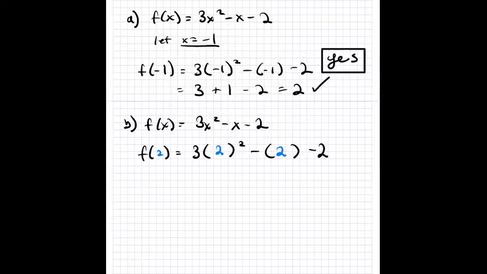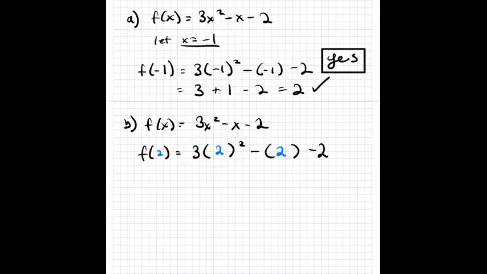Let me mention this since we have time and I don't have to rush so much. If we look at this term here, we have 3 times 2 squared. I usually say something about order of operations. You may have heard it as PEMDAS or please excuse my dear Aunt Sally. This is just a side note.